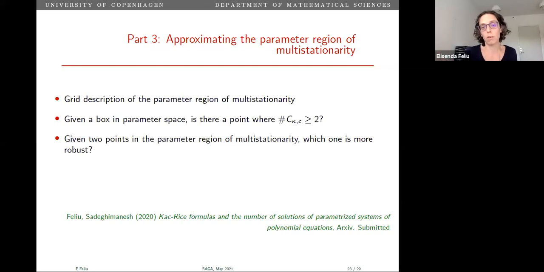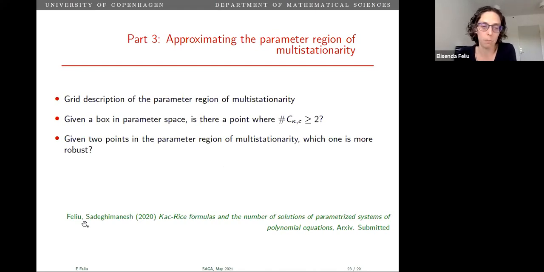And that's what biologists usually want. They know these parameters have a physical meaning. So a kappa cannot be 10 to the 8, for example, right? So they know the ranges where these parameters live in. And you want to decide whether there is multistationarity in that box they have, right? So that was the question we wanted to answer here.